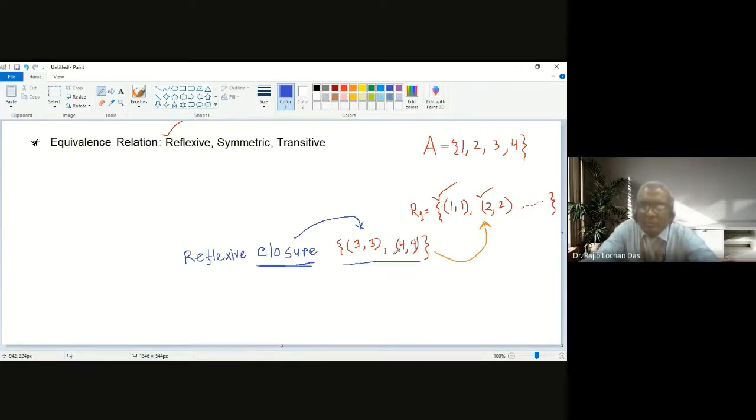So in this example, the set of (3,3) and (4,4) will be called reflexive closure because in the original relation other members are present but (3,3) and (4,4) are missing. So this part is called reflexive closure. Is it okay now?